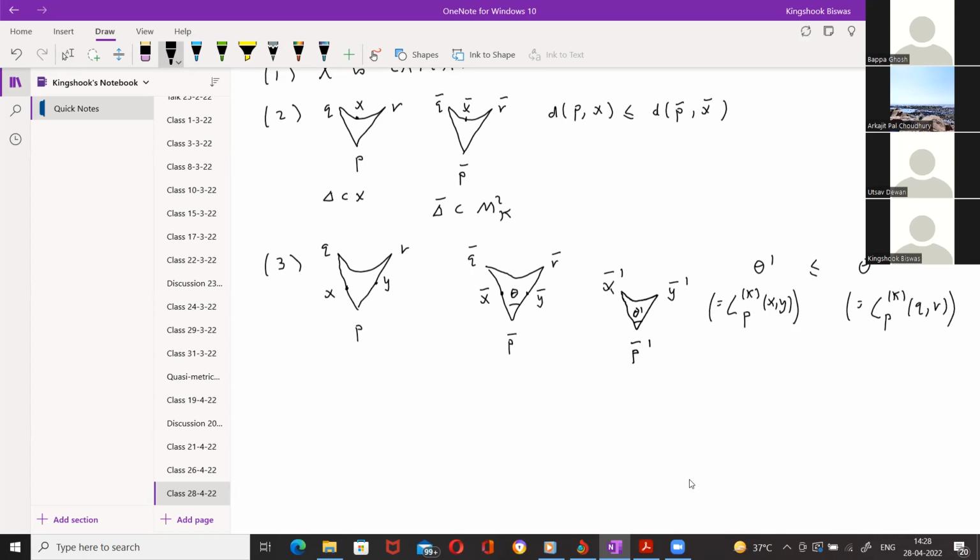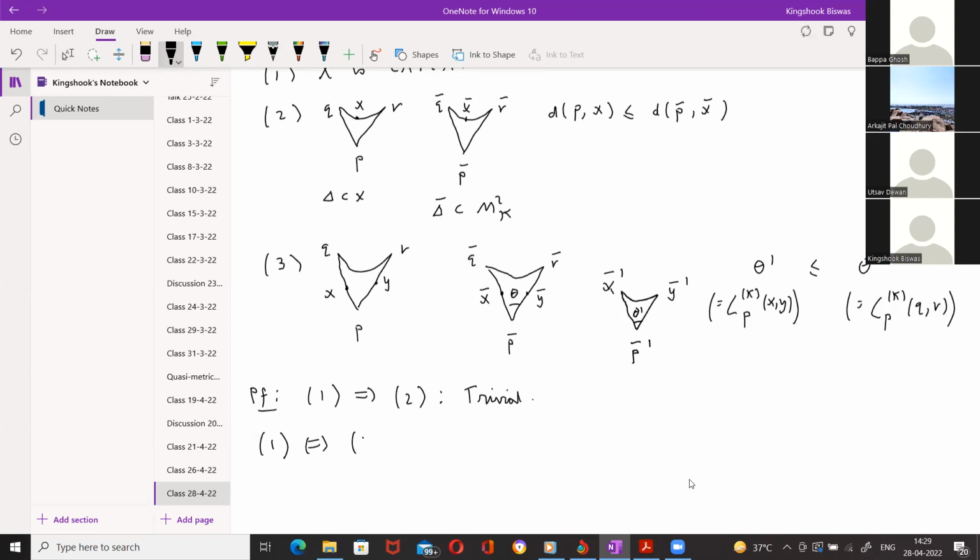These are comparison points for X and Y. So proof: 1 implies 2 is trivial, right? Cat kappa implies that you have the cat kappa inequality for all pairs of points in the triangle. This is only for particular pairs where you take a vertex and a point on the opposite side, right? Okay, so 1 implies 2 is trivial, and then 1 is equivalent to 3.